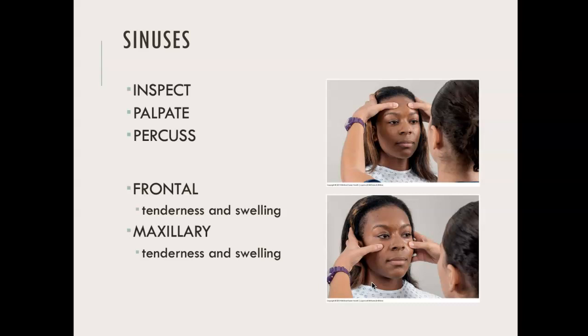The reason practitioners would percuss the sinuses is because typically the sinuses should be hollow and open, but with a lot of fluid, sinus infections, they would be filled with fluid. So when you do the percussion, the tone would be different. It would not elicit that hollow tone. It would have a tone of fullness. So that is why they do the percussion of the sinuses.